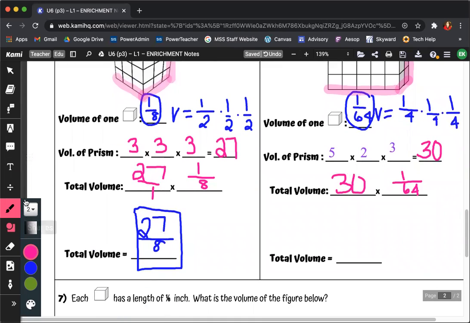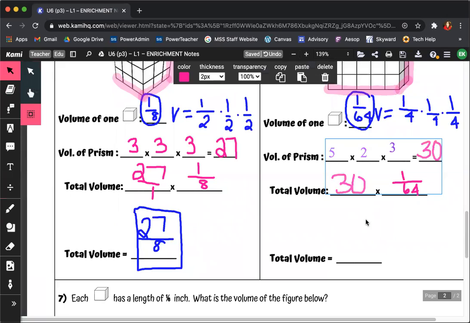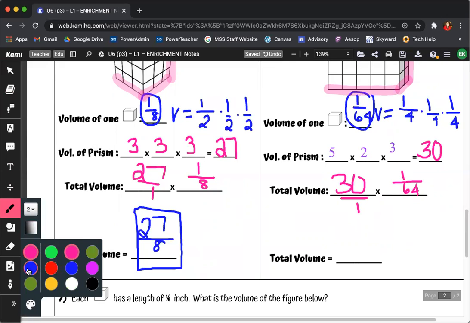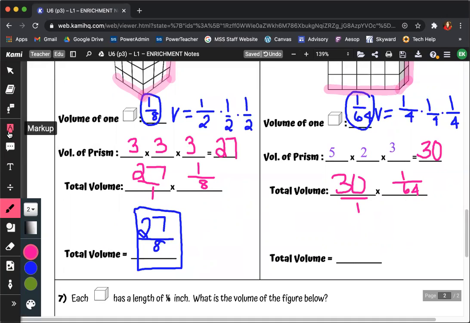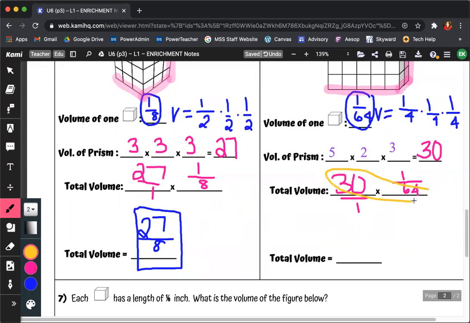So really, we're going to do 30 over 1 times 1 over 64. I'm going to see if I can simplify anything. I can. So if I look at these diagonals, 30 and 64 are even numbers. They both divide by 2.